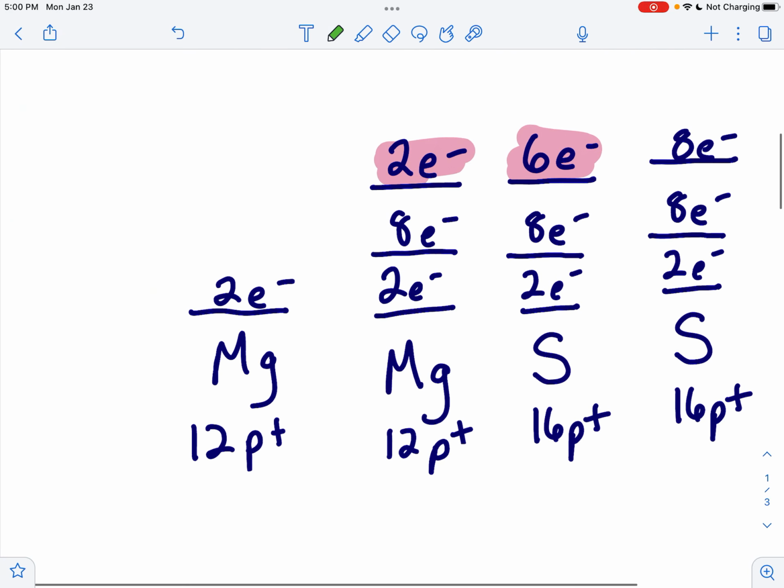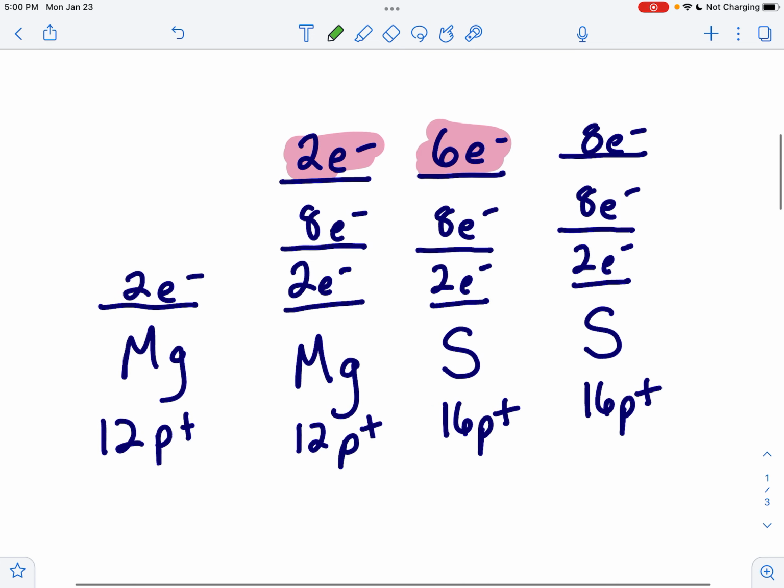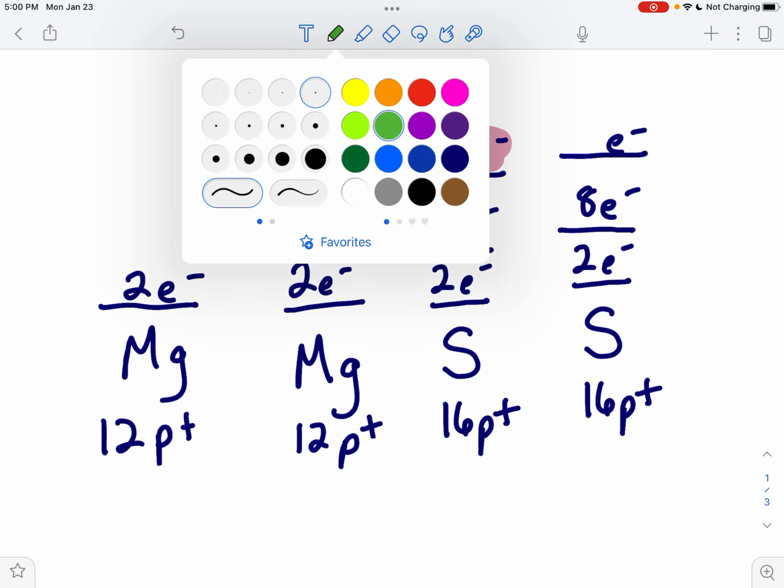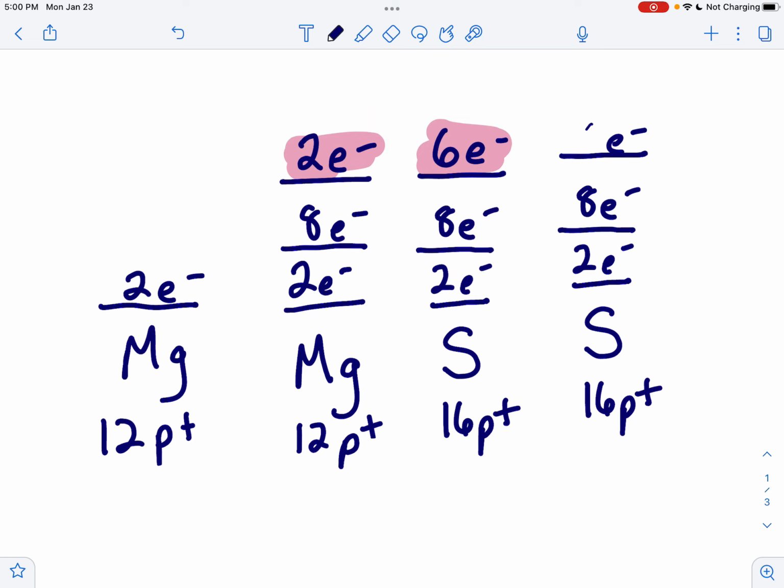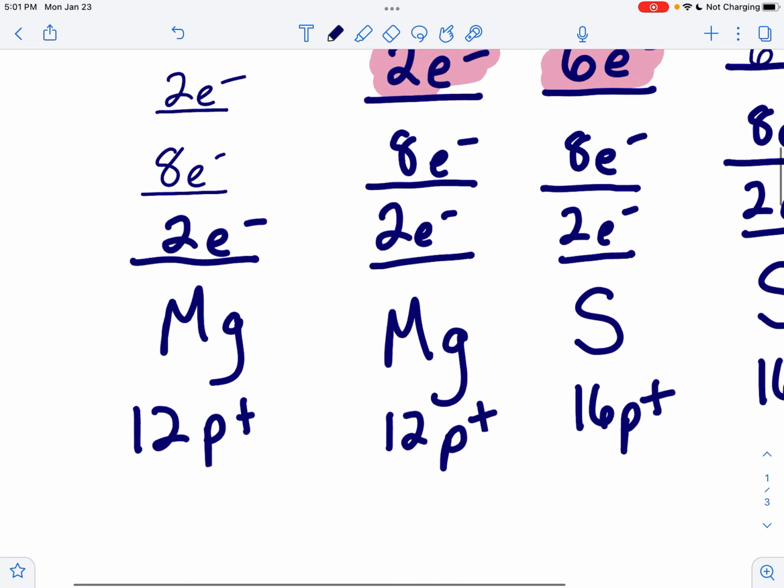So what about when we talk about ionic radii? When we talk about an ionic radius, what we're talking about is when we form ions from these elements. You can see here that I have magnesium and I have sulfur. I'm going to look at magnesium first, so I'm going to look at our metals.